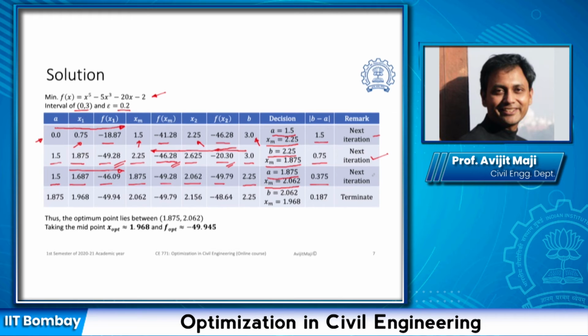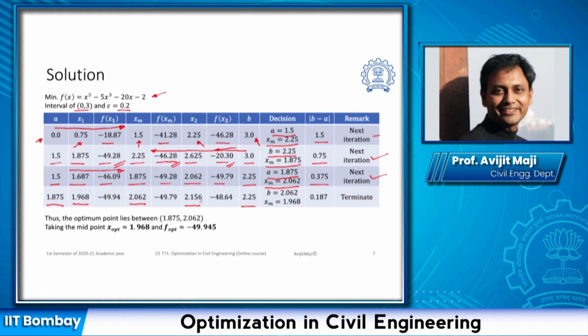Hence we move to the next iteration, and we find that my revised lower boundary is 1.875, the higher boundary is 2.25, and the middle point is 2.062. First quarter point is 1.968 and second quarter point is 2.156.